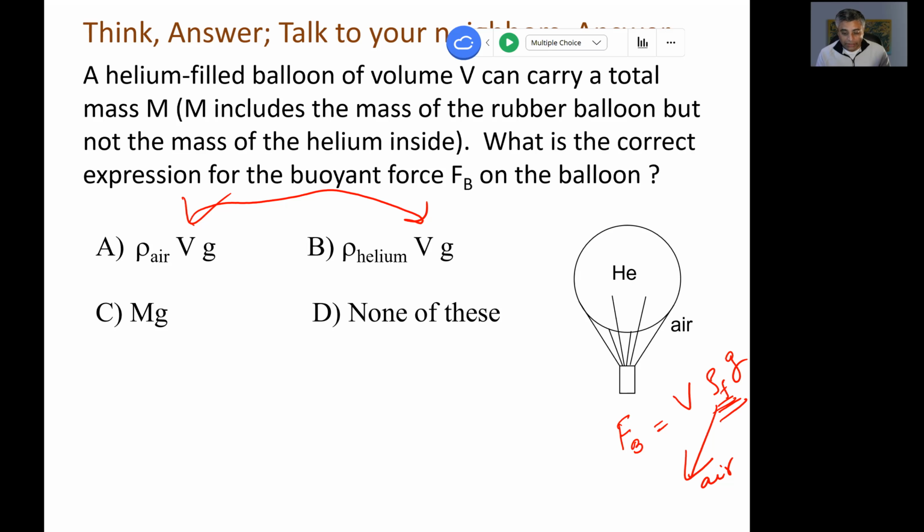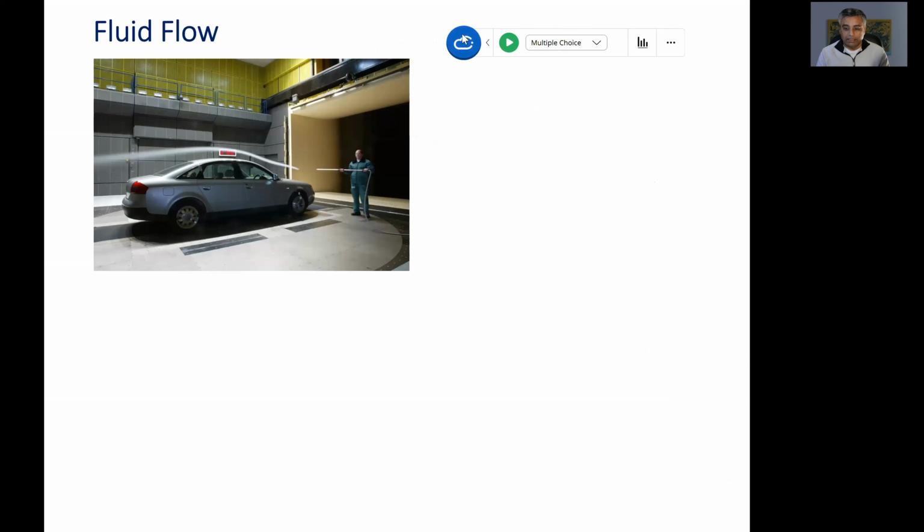Okay, so now let's go to flow. Rather than just floating and sinking, let's move. Let's talk about moving fluid, flow.